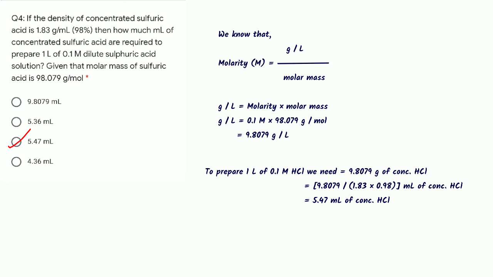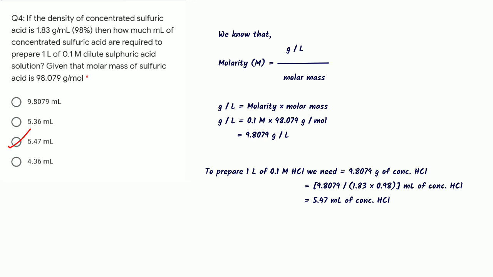I think you understand this problem. This is not a hard problem, it is an easy problem. I have already given this type of numerical problem in the previous video class, which is part 4B of the solution chapter, Unit 2 part 4B.